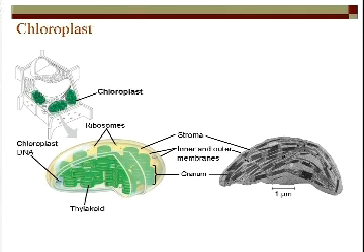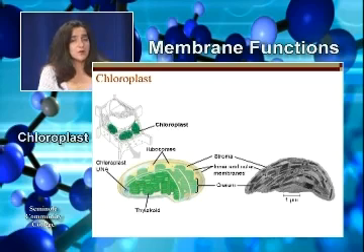These thylakoids are where the light reactions of photosynthesis occur. The thylakoids, too, are made up of phospholipid bilayers and have a thylakoid space inside. The thylakoids are arranged as stacks inside the chloroplast. These stacks are known as a granum, one stack.